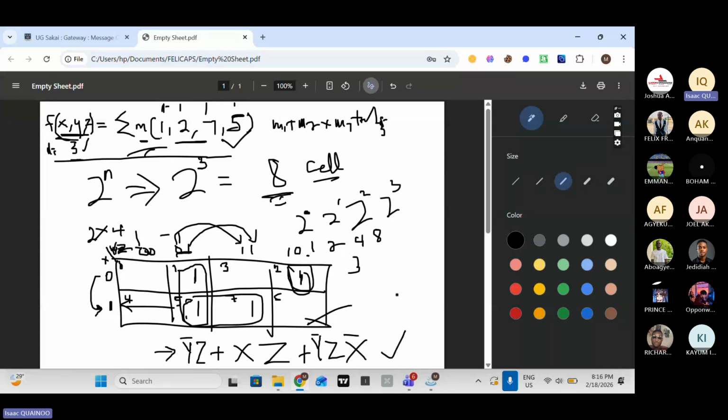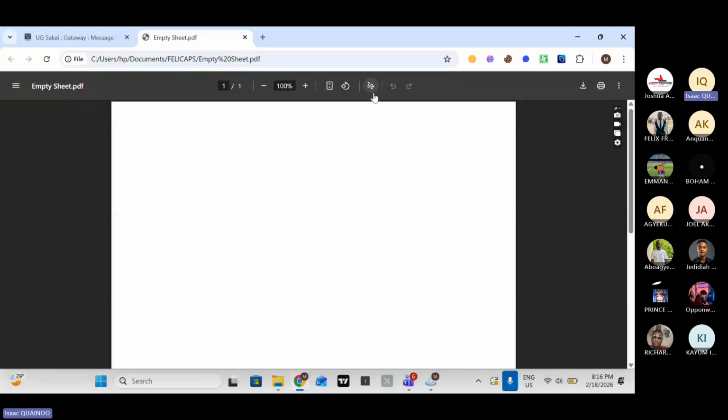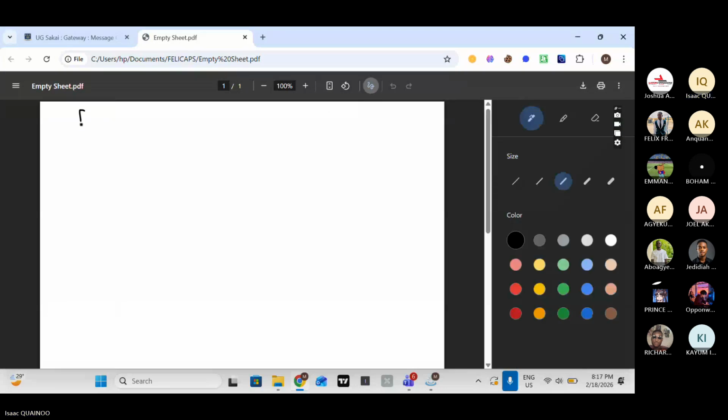Okay. So let me take this again. So let me write a question somewhere. We have f of x, y, z. Your min terms are 1, 2, 7, and 5. Okay, so let me refresh the screen. So we have a function that contains x, y, and also has z.